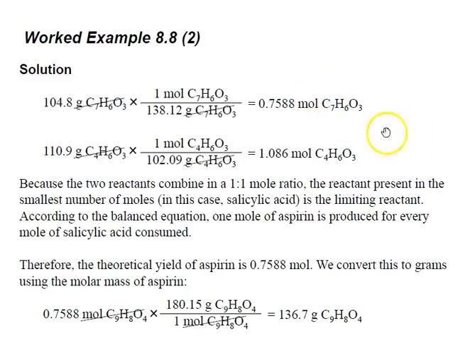Moles of salicylic cancel, and you get your product, if you can visualize what I just went through. We can convert to grams using the molecular weight of aspirin, arranged in this format so that moles cancel. You multiply here, and we get 136.7 grams of C9H8O4, which is our aspirin. So this is our theoretical yield. That's the best that we can get.